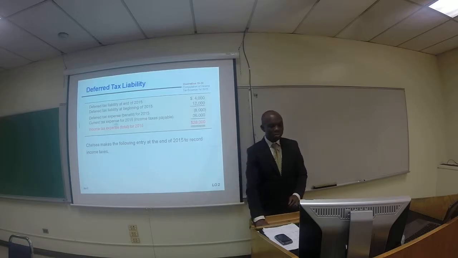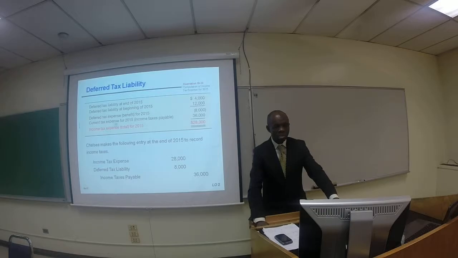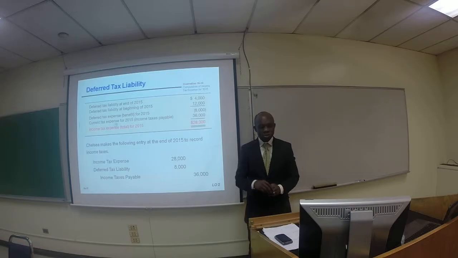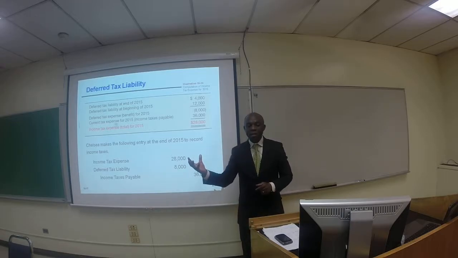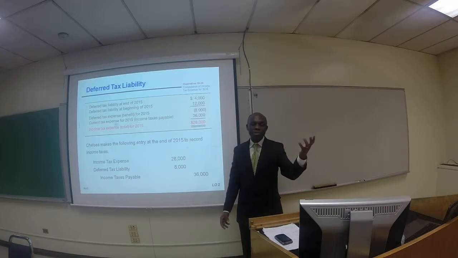Now, moving along, let's take a look at what happened the second year. In 2015, the income tax expense is $28,000. The deferred tax liability is $8,000, and the income taxes payable is $36,000. So in the second year, we are paying $36,000 versus $28,000 that we recognized for book purposes as income tax expense.